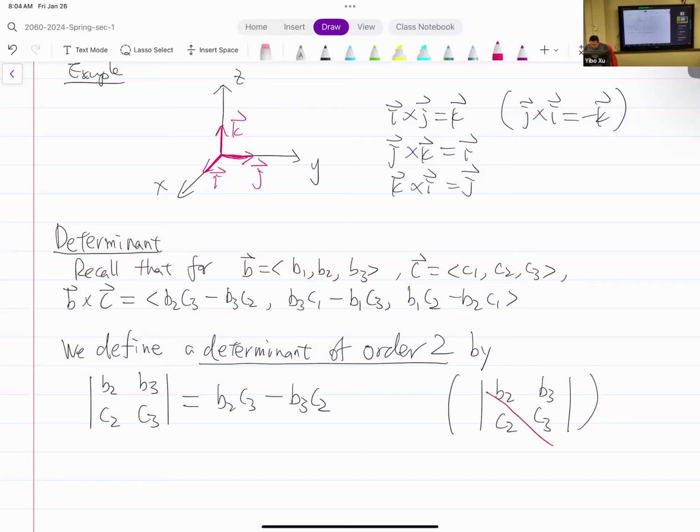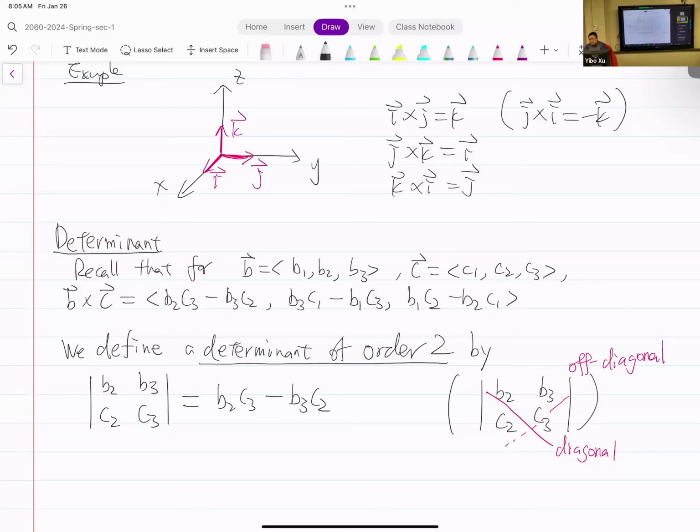C2, B3. Okay, so these are on the diagonal. The other two, B3, C2, is on the off diagonal. So that's good.